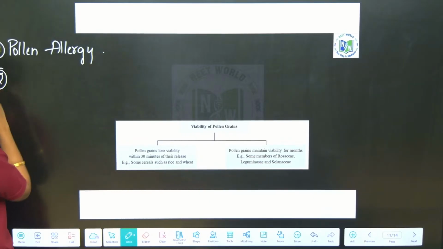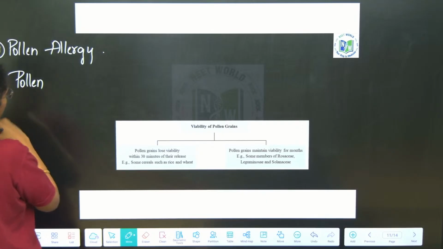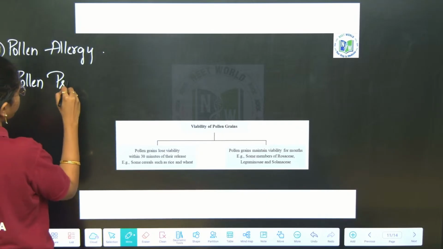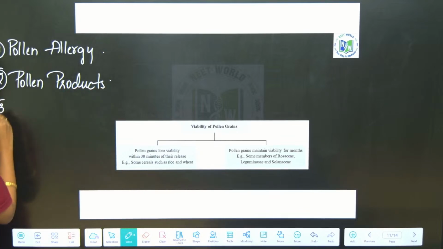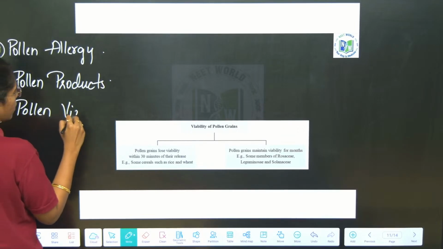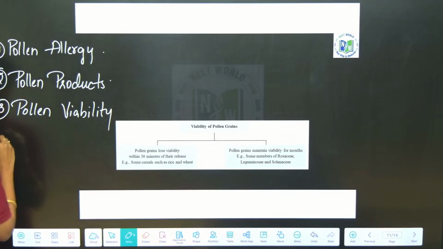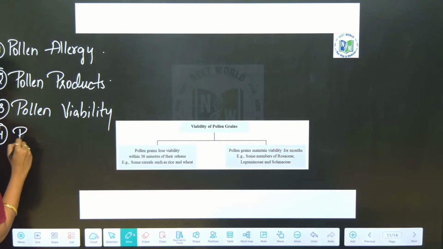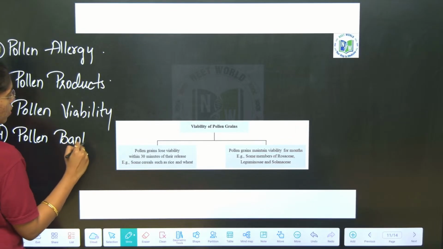Second is pollen products. Third is pollen viability. Fourth is pollen banks.